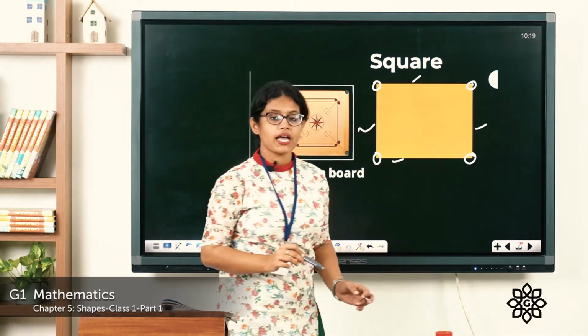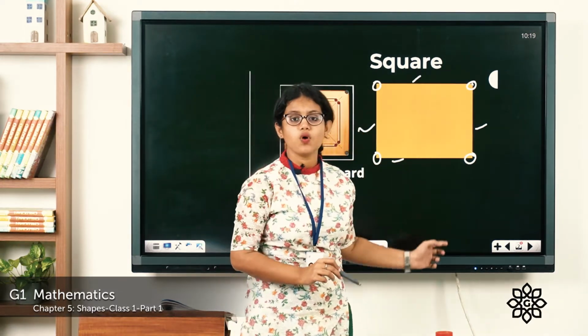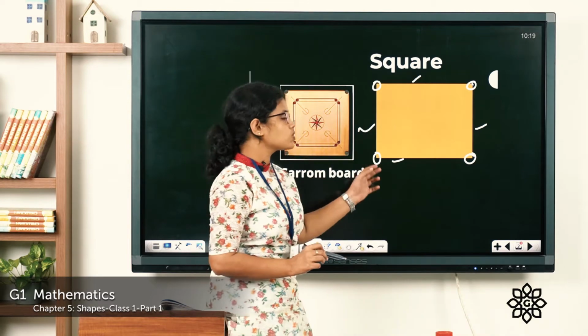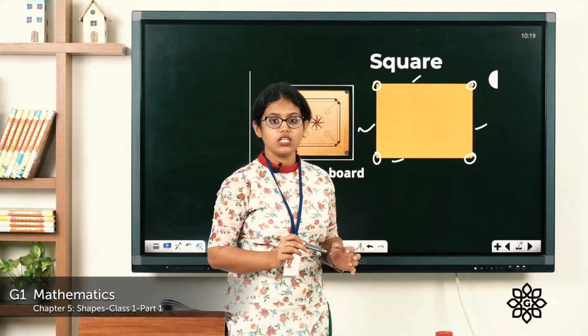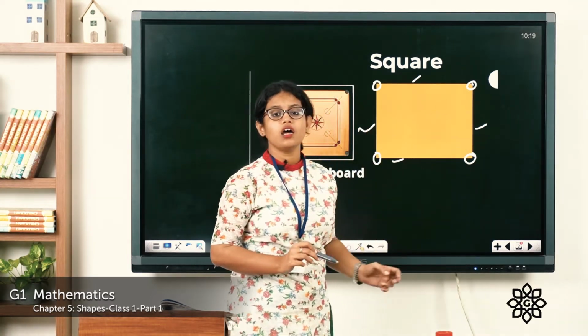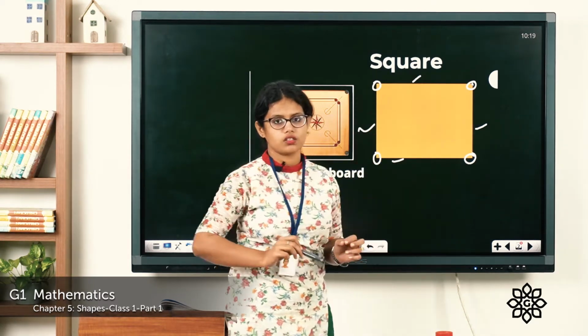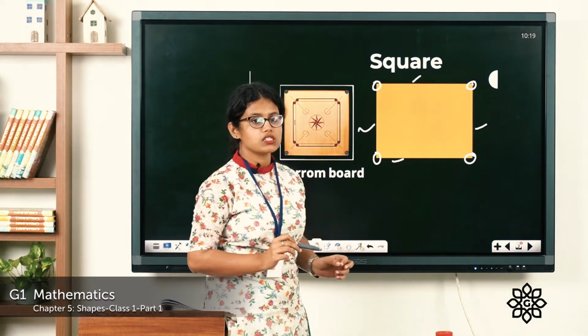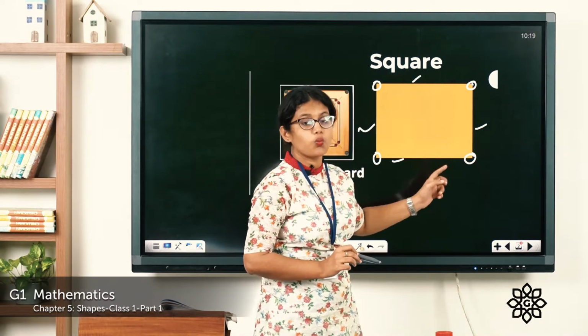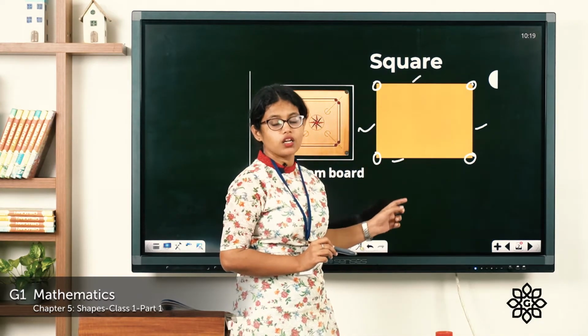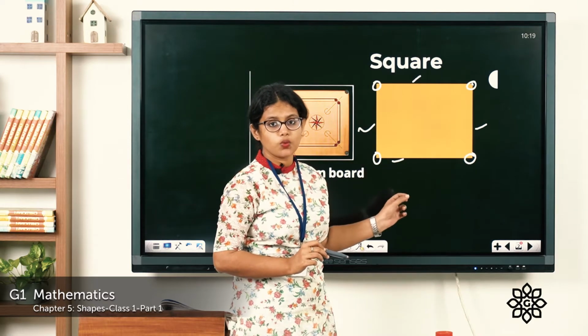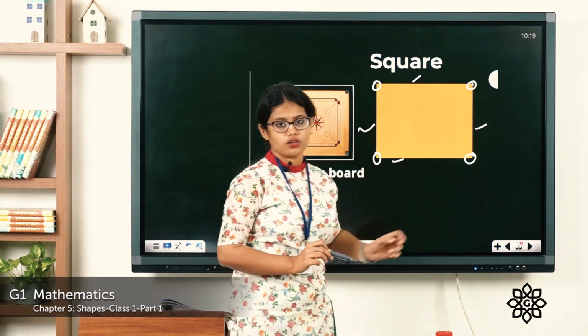And if you closely observe this shape, you can see all four sides are equal. So this shape is a square. A square has four sides with all sides equal, and four corners.